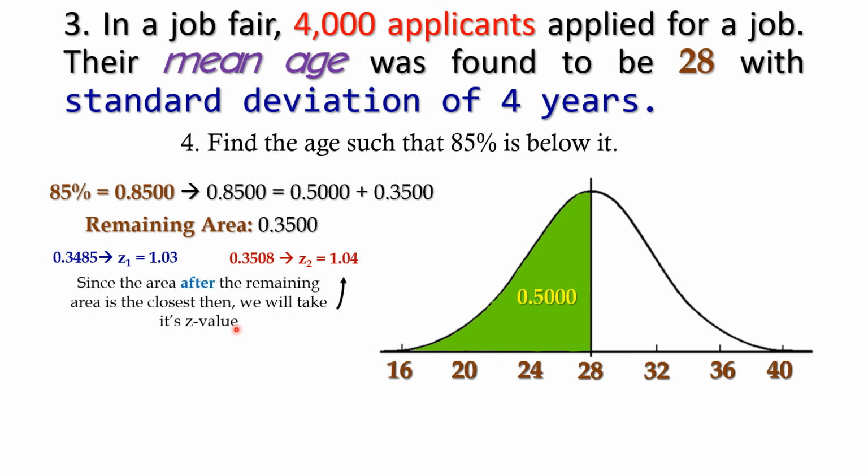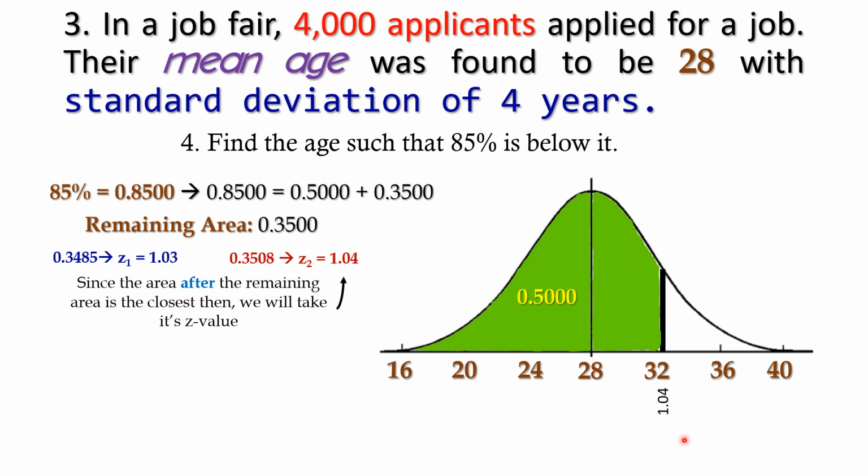And since the area after the remaining area is the closest one, then we will take its z value, which is 1.04, and we are going to locate that here on our curve. And here is 1.04, and we must draw a vertical line and shade the part. So this is now the shaded part.